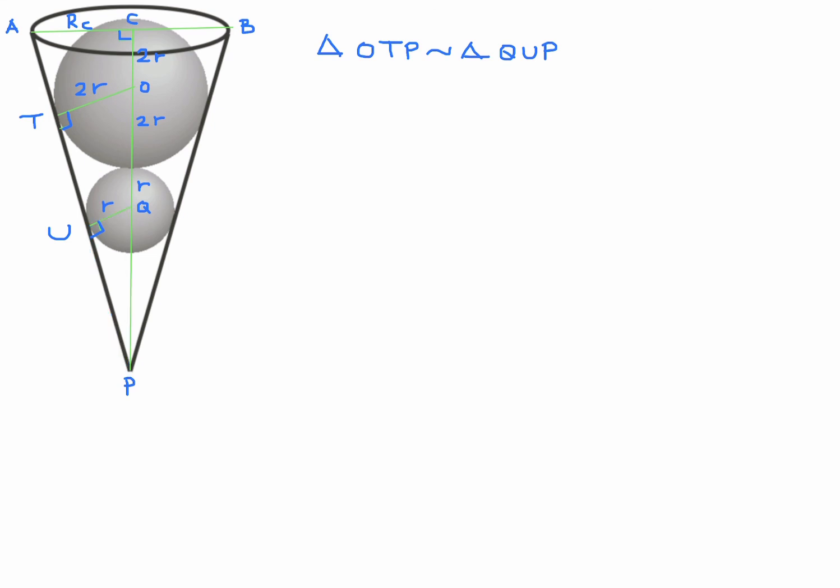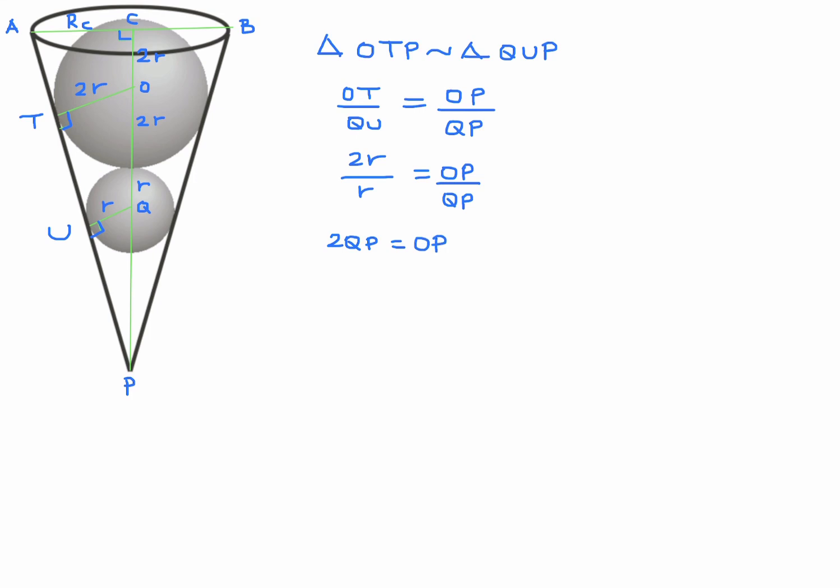They have the exact same angles. So based on that, OT over QU is the same as OP over QP. OT is 2r and QU is r, so when the r's cancel out, 2QP is equal to OP.